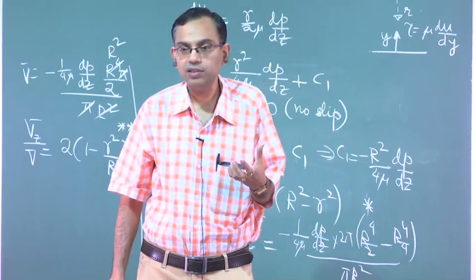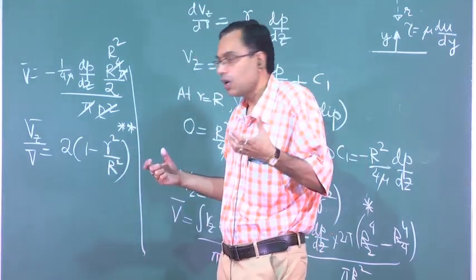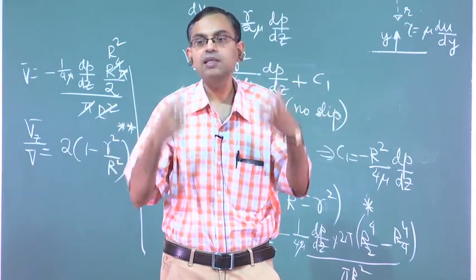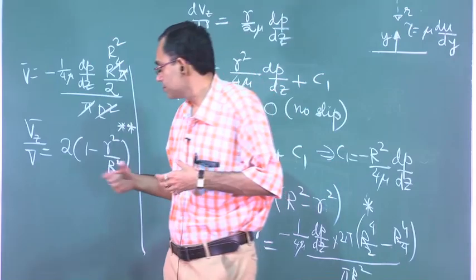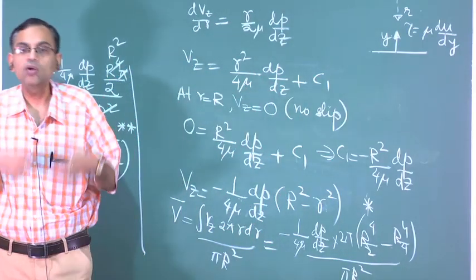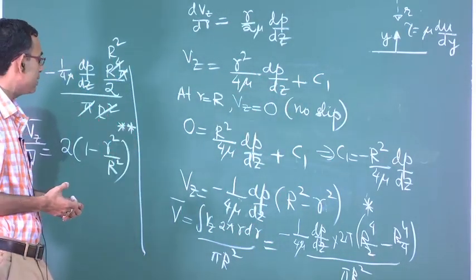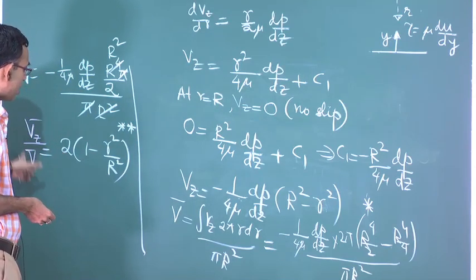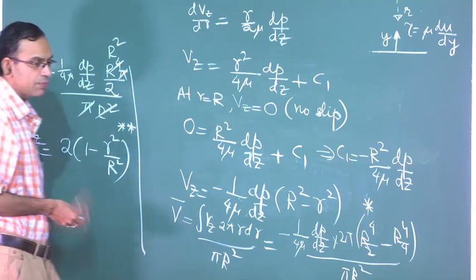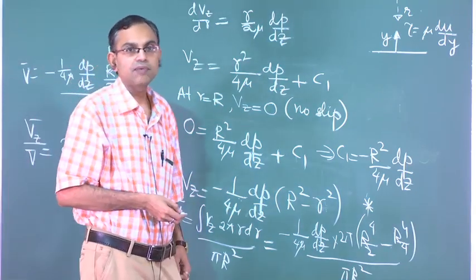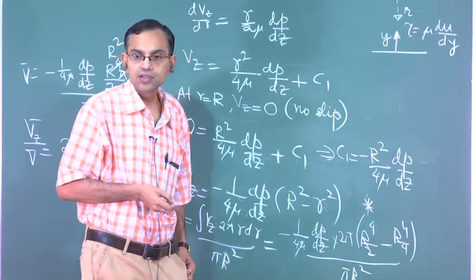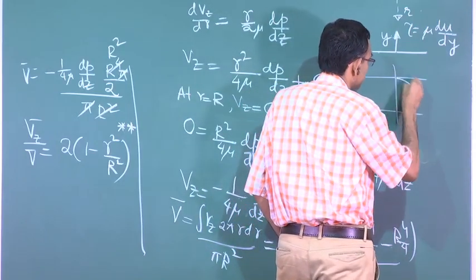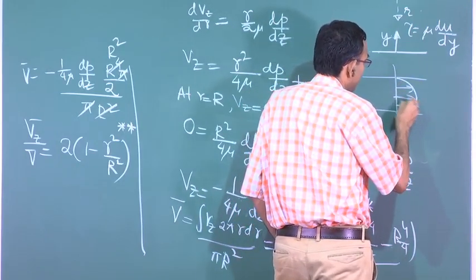So, he was a medical doctor and his interest was actually to see how blood flows through the capillaries in human bodies, and this is one of the very simplified old models that tried to mimic that physical picture. So, this is the velocity profile and it shows that the velocity profile is parabolic, which is the velocity profile that I showed in the slide. So, the velocity profile is something like this, a parabolic velocity profile.